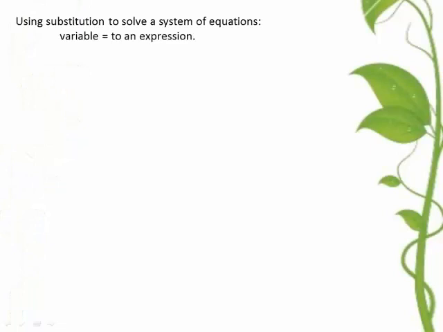Okay, so we want a variable equal to an expression. That's the first type of substitution. So we'll have 2 examples of this. Okay, so now what we have, 2x plus 2y is equal to 14 and y is equal to 5x minus 11.